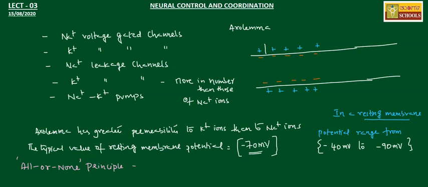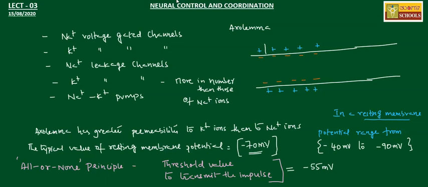To show this, the neuron should get a threshold value to transmit the impulse. If that threshold value is not reached, then the neuron will not transmit the impulse. This threshold value will be around minus 55 millivolts.